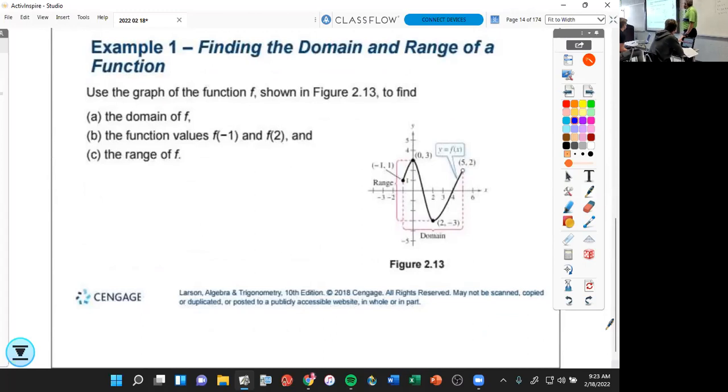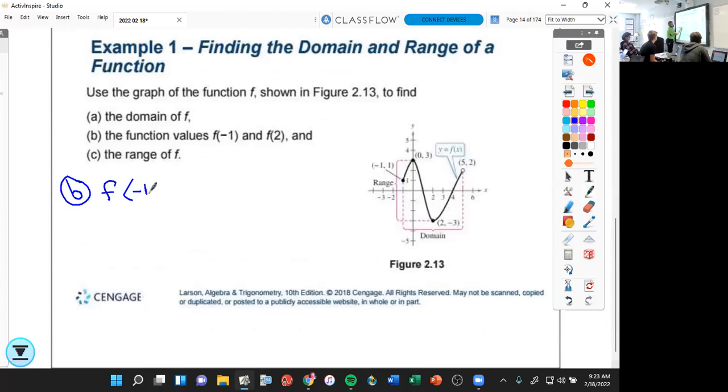Okay. For this particular slide, we've already discussed the domain. What is the value of the function at f of -1? What is f of -1? Looking at the graph. Why is it 1?